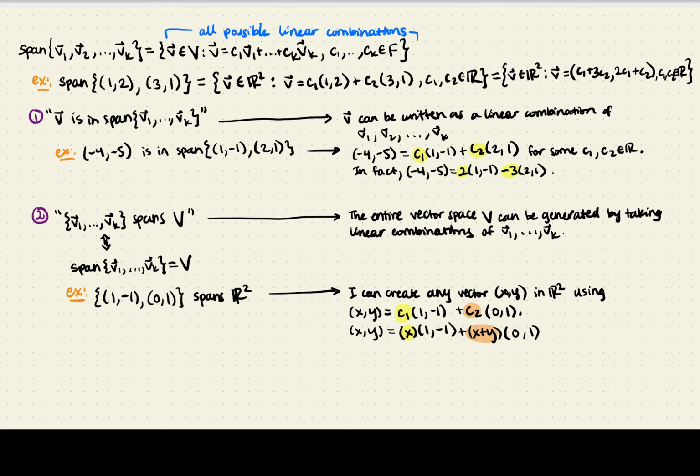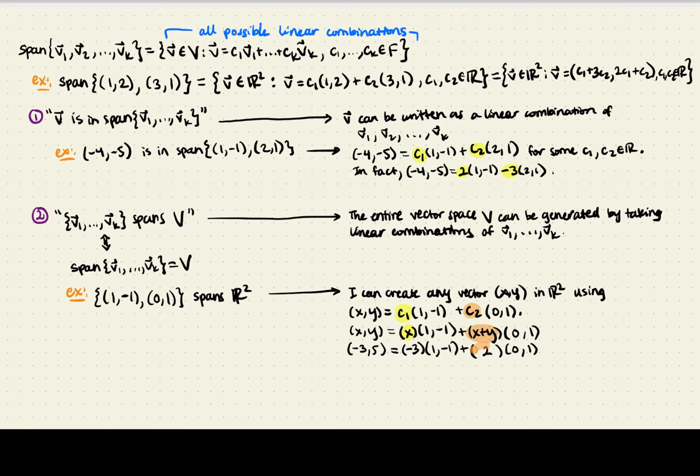So for example, if I had the point (-3, 5), and I wanted to make that a linear combination of (1, -1) and (0, 1), I'm going to put the first component here, that's my x, times (1, -1), plus x + y in this spot, well, that's 5 minus 3, that's 2, times (0, 1).